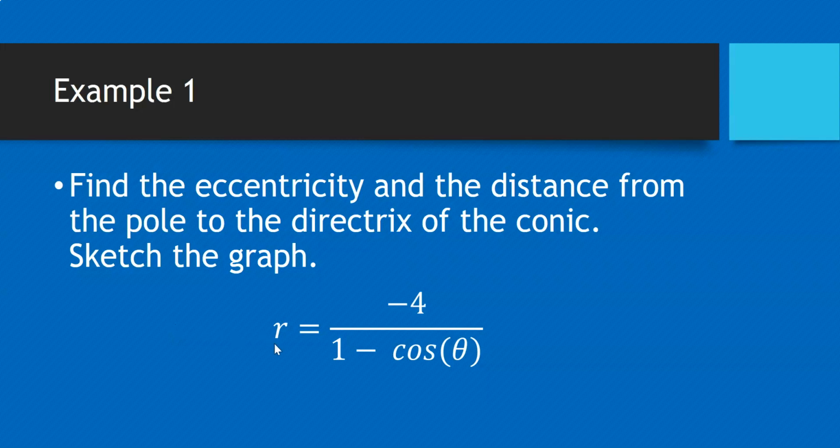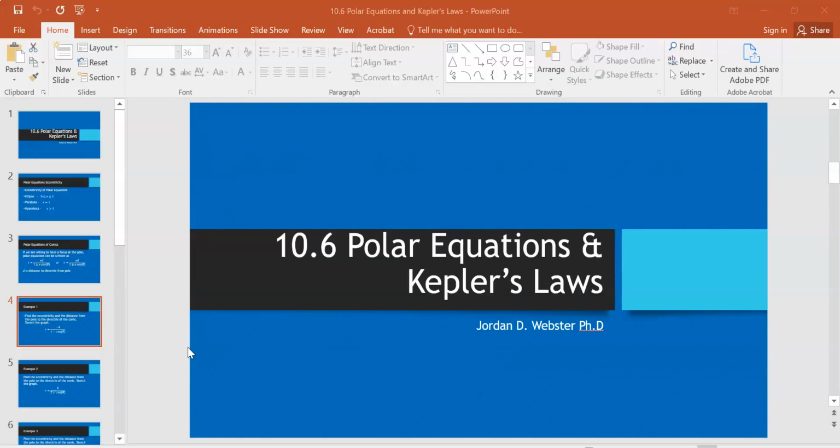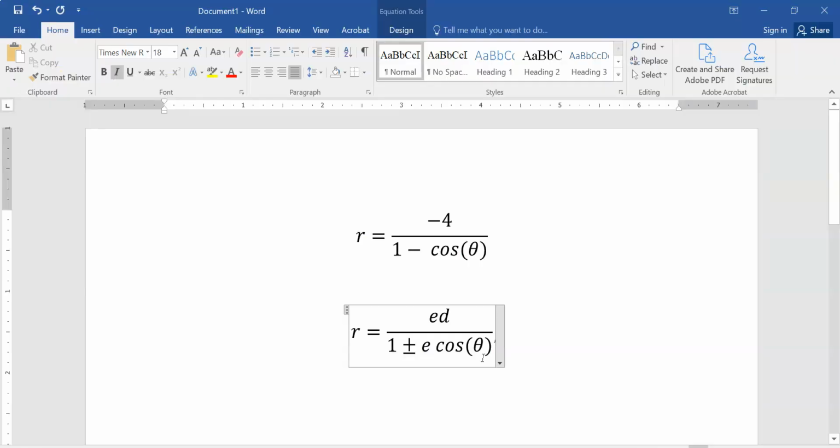So let's take a look at this first equation here: r equals -4 over 1 minus cosine theta. That already looks like r equals ED over 1 plus or minus E cosine theta.